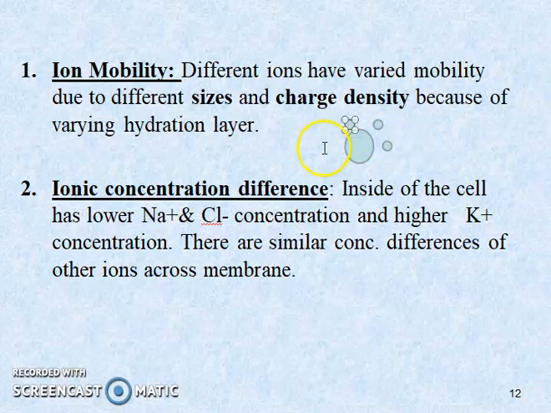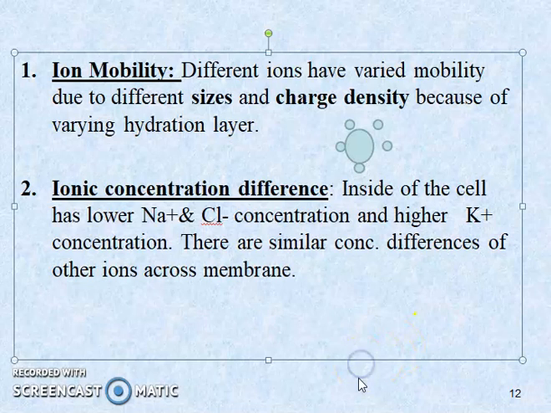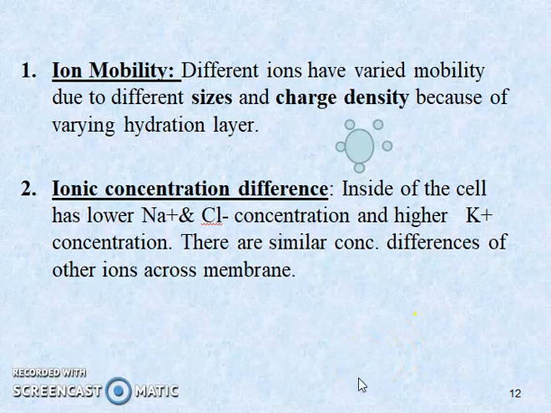It depends upon the charge density how many molecules of water will surround this. If both ions have +1 charge, but one is smaller in size and the other is larger in size, then what will ultimately happen?